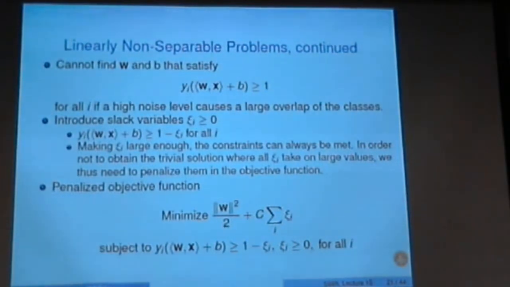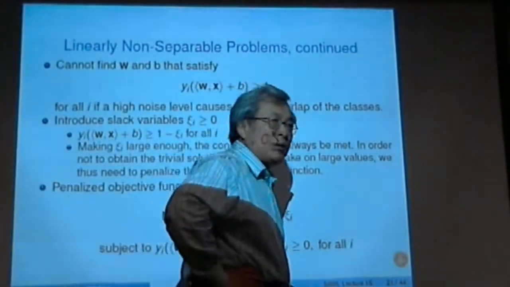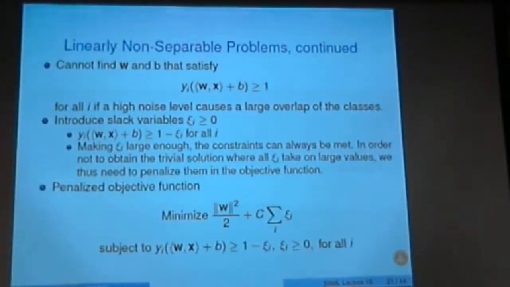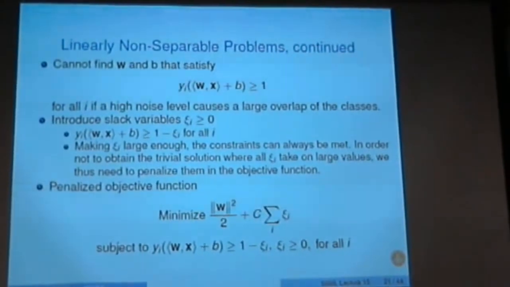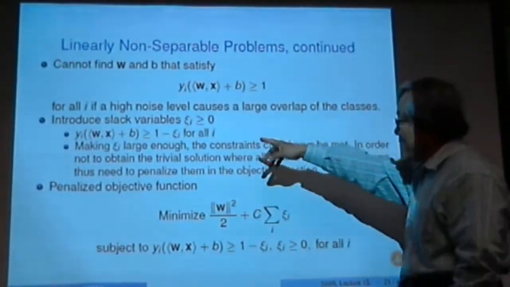Of course, we just introduce these slack variables, and we try to make this Zi large enough so this is always satisfied. Usually, that's not what we desire.